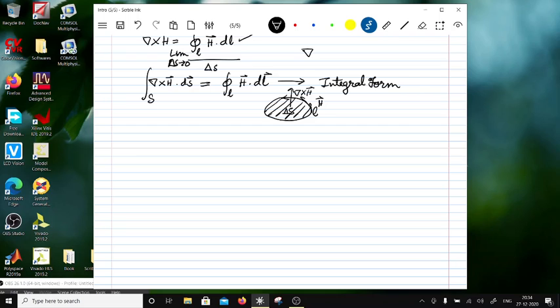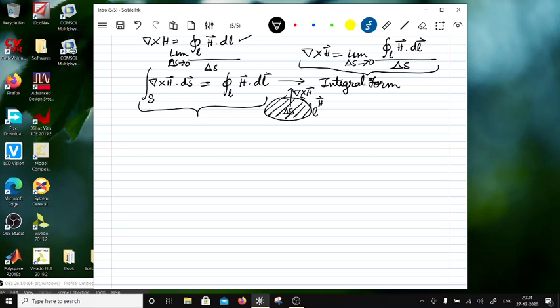Curl of H is equal to the limit, delta S tending to 0, of the loop integral of H dot dl over L. Let me write it clearly: the loop integral of H dot dl over a completely enclosed loop, divided by delta S. This is called the point form, and this is called the integral form.